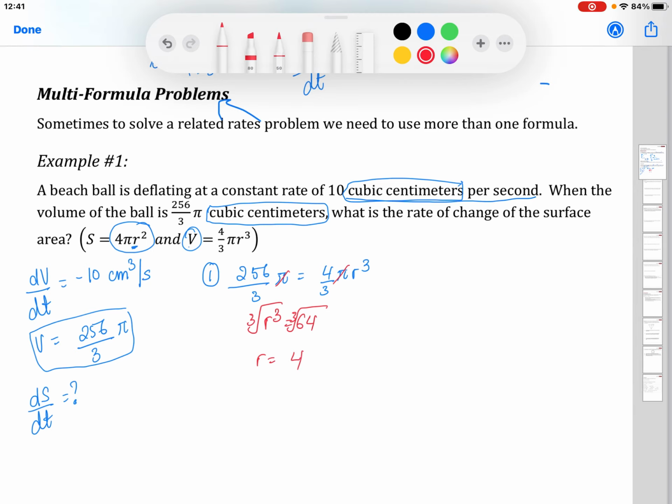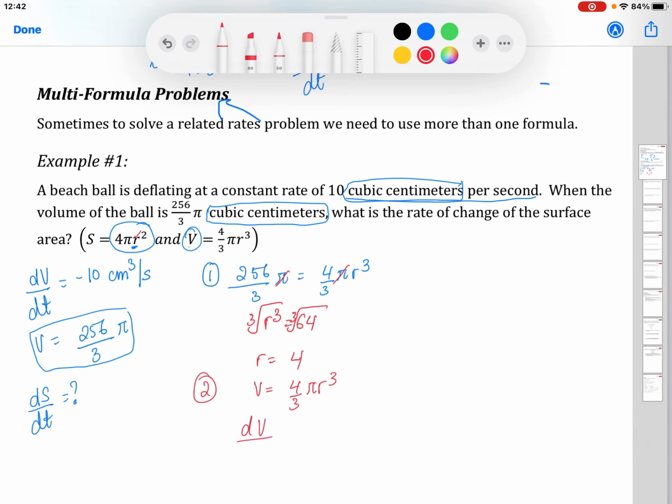That was my first thing. Now, I know my r, but when I take my derivative, I need to know my dr/dt. So the second step is to take my volume formula, find the derivative of it, and from there it can help me find dr/dt, because I do know dV/dt. My volume formula is 4/3 pi r cubed.